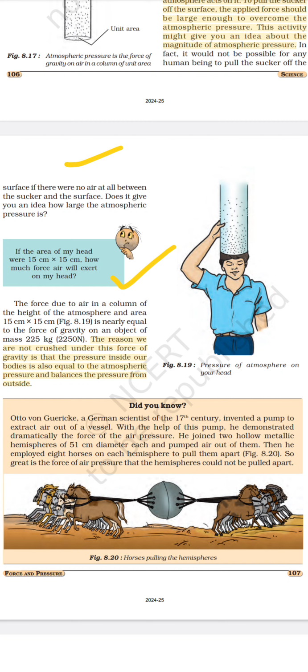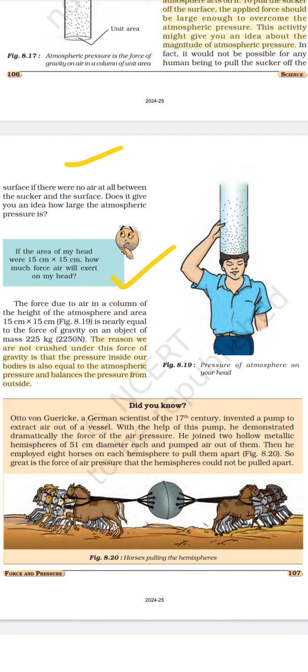The reason we are not crushed under this force is that the pressure inside our bodies is also equal to the atmospheric pressure and balances the pressure from outside.